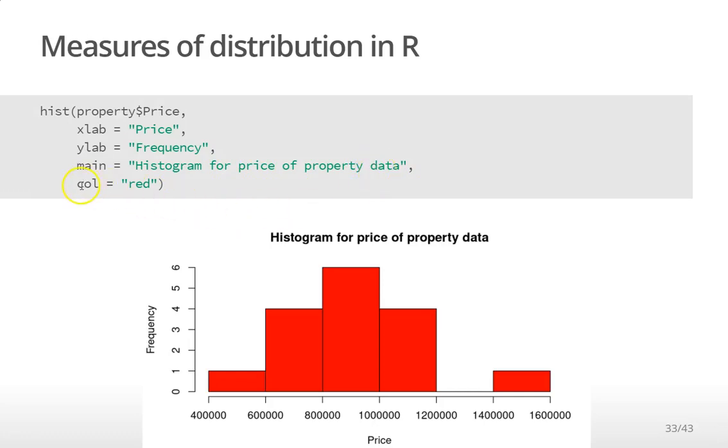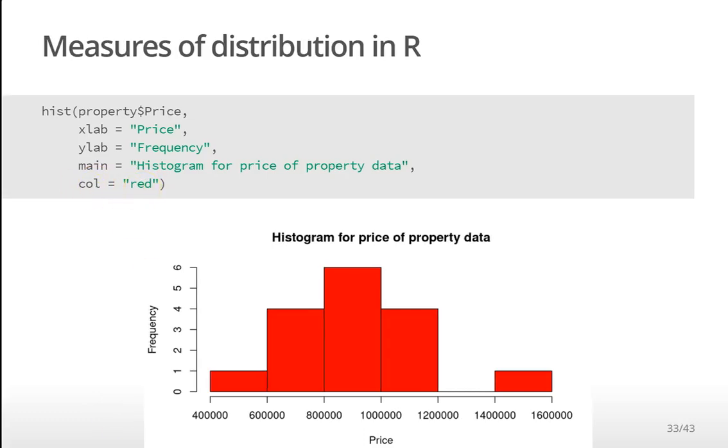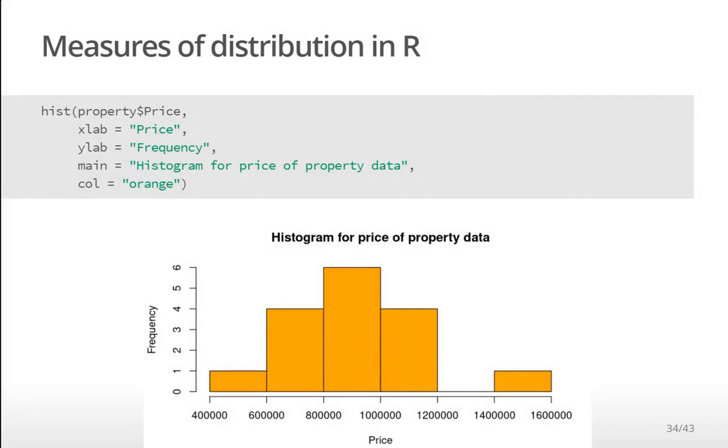I can also give it a color of red by the argument col equals red. And I can quickly change my mind and change the color from red to orange. Instead of red, I wrote orange, and I feel it's much better.